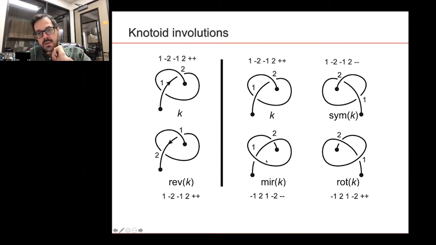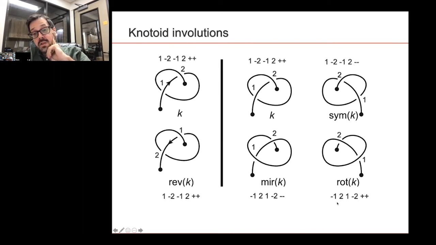The first one is the mirror, the mirror image. If we have the Gauss code here, the mirror image inverts over-under information and changes the parity. The symmetric is something like taking the antipodal: if you have it on the top of the sphere and then you take the antipodal symmetric on your sphere, which actually maintains the over-under information, but changes the parity.